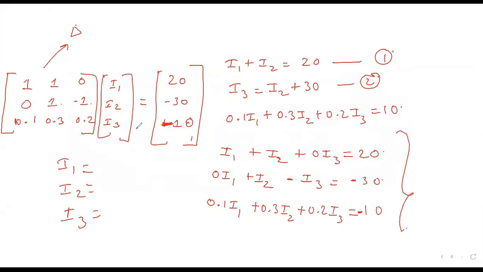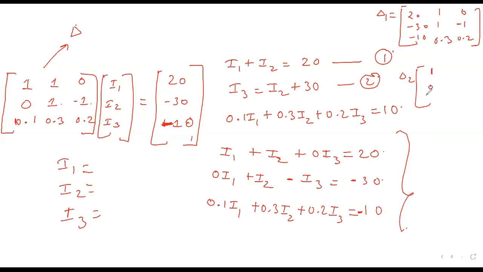Yes, someone asked. So this is my delta, and if you want delta 1, you have to replace this column with this constant value. That is 20, minus 30, minus 10, 1, 1, 0.3, 0, minus 1, 0.2. Similarly, your del 2, your second column will be replaced by this.